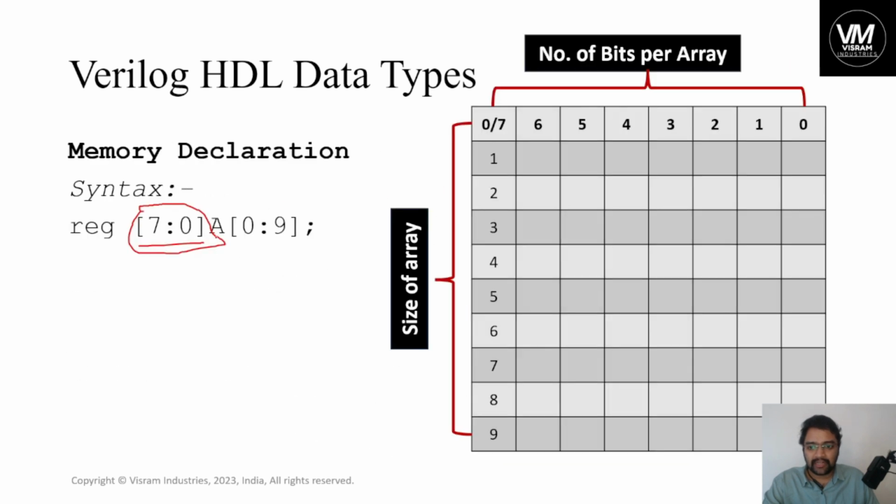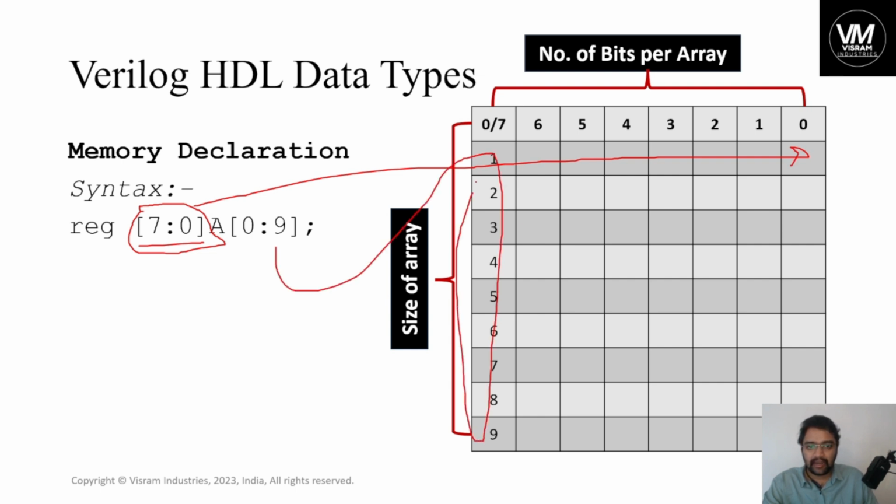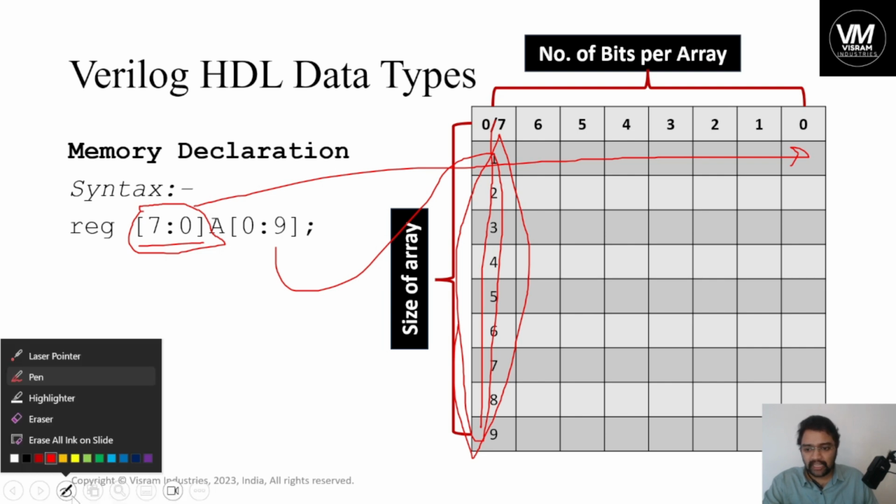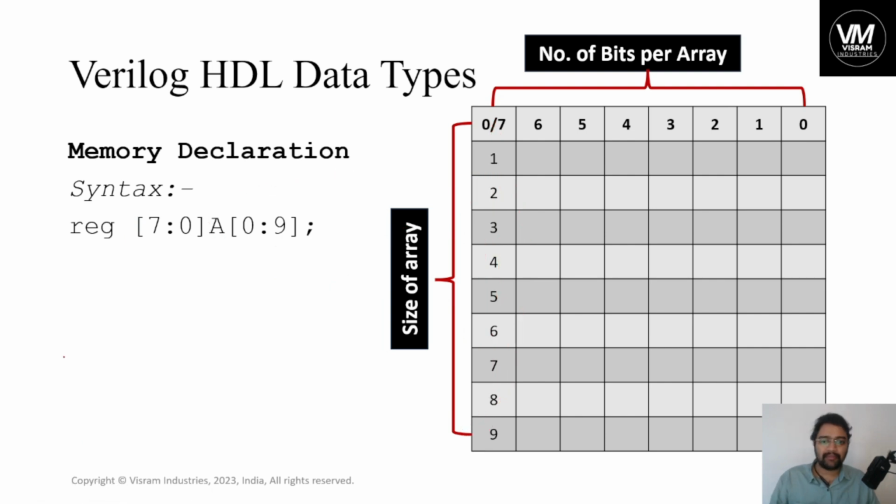So now what we are declaring will be represented in this way, and this is the size of the entire memory, and how many arrays you should have from here to here. Understood, guys? Keep in mind, every time you write a memory, you should mention, we should have this many arrays, so this much size.